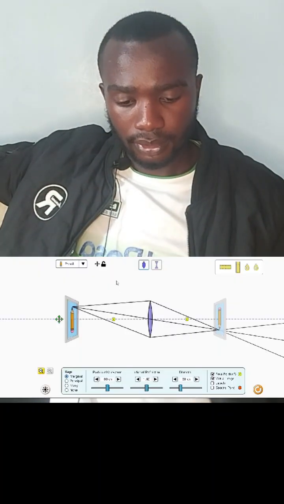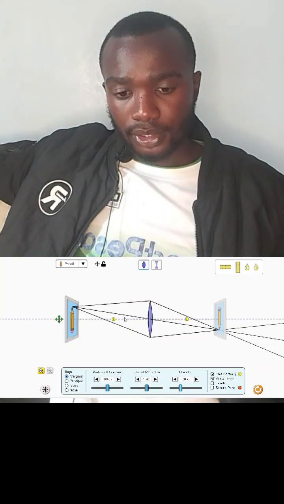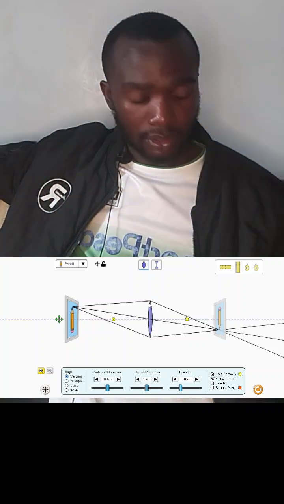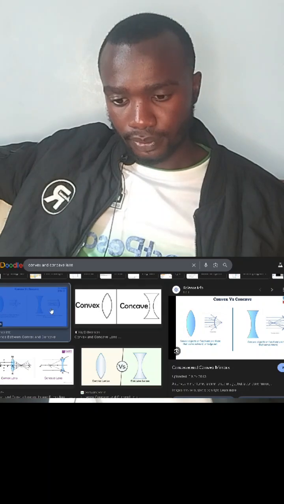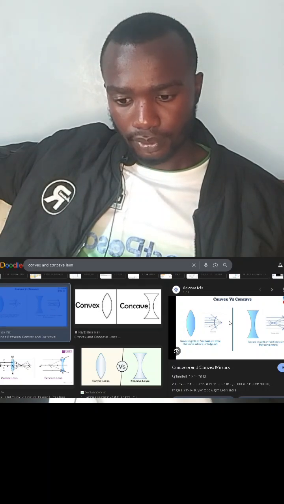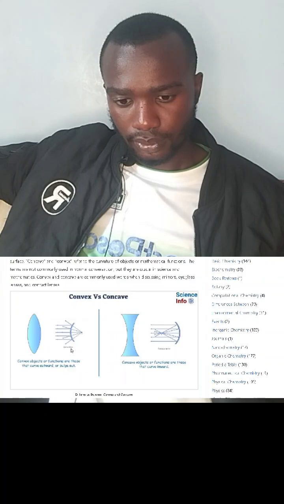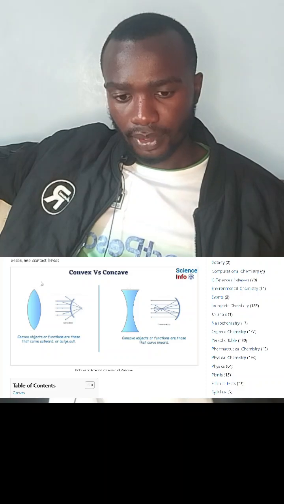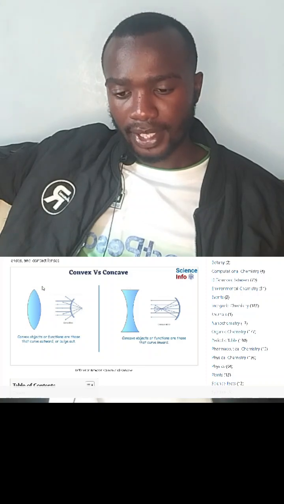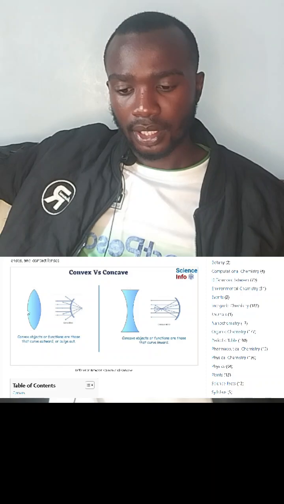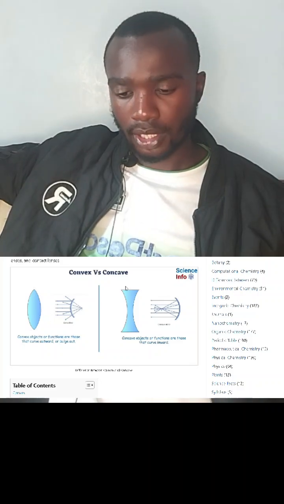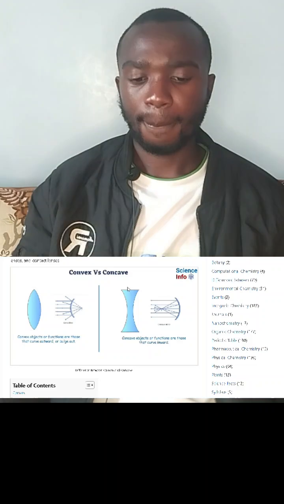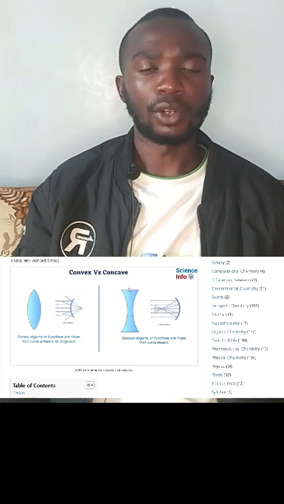So first of all, hapa kwa screen yetu kuna hii kitu iko hapa katikati. Hii lens inaitwa the convex lens. Convex lens ndio pia inaweza itwa the converging lens. Then tuko na hii lens ya pili hapa. Hii inaitwa the concave.